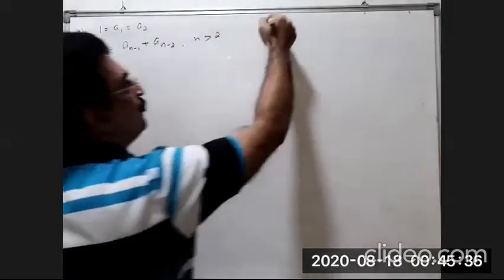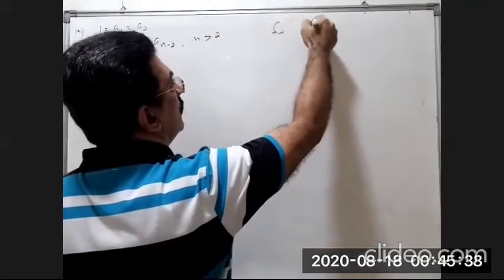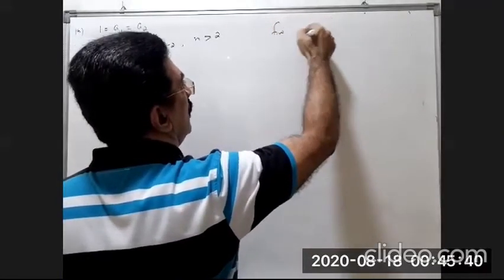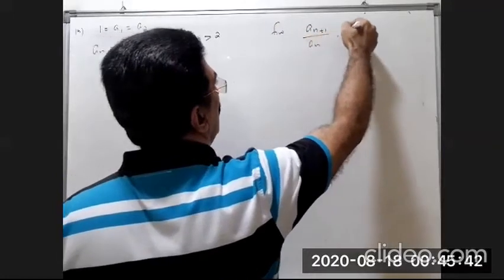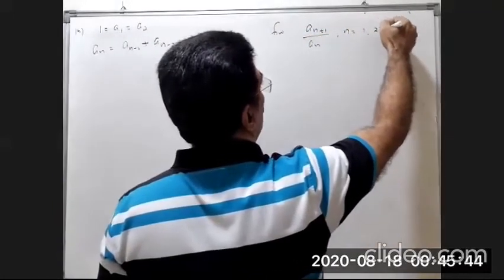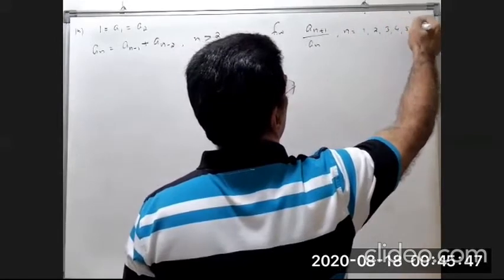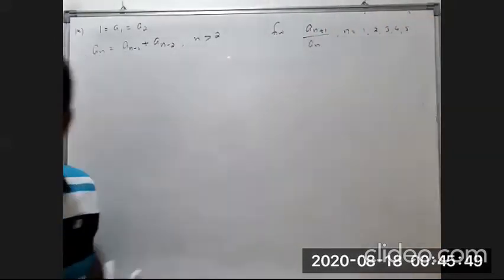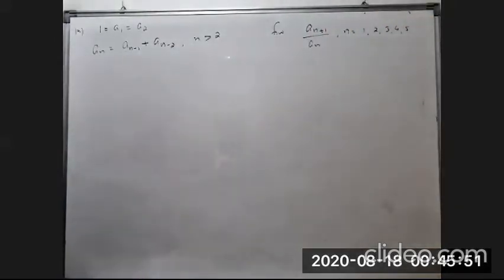The question is to find an plus 1 by an for n is equal to 1, 2, 3, 4, 5.